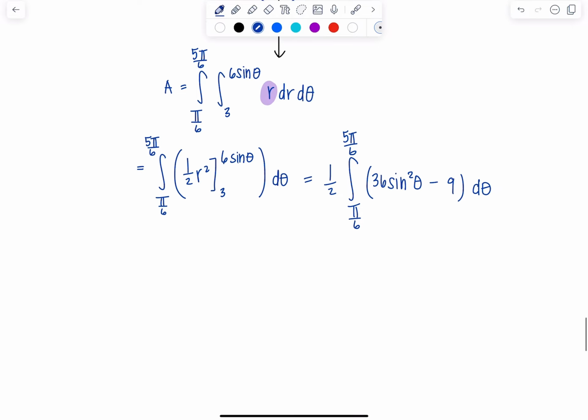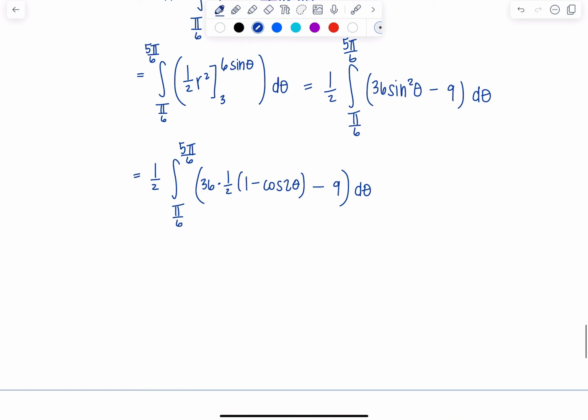Good. And then what did I tell you? This is if you go into robot mode. I see a sine squared. I'm going to immediately replace it with the half angle identity. So this is 36 times 1/2 times 1 minus cosine 2 theta, because it's sine, minus 9 d theta. And then we have 1/2 times the integral, pi over 6 to 5 pi over 6.